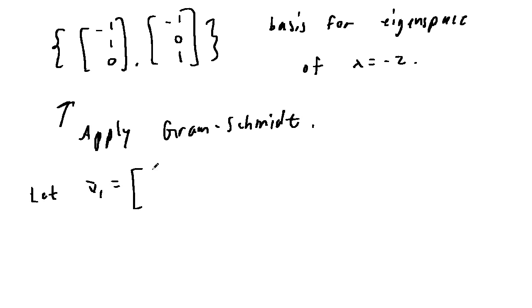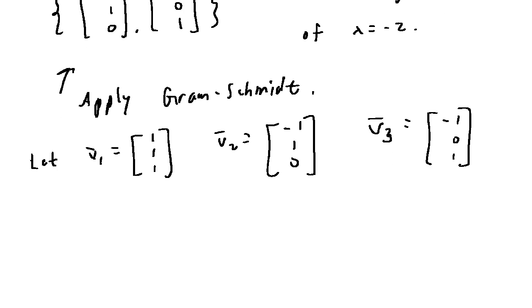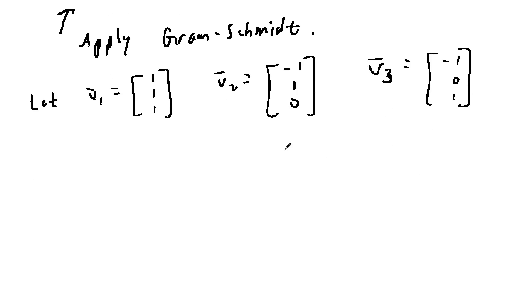Let v1 be 1, 1, 1, v2 be this vector, and v3 be this vector. Okay, we can just set aside v1 for now. We're going to apply Gram-Schmidt to v2 and v3.